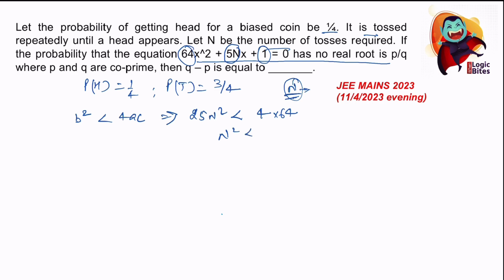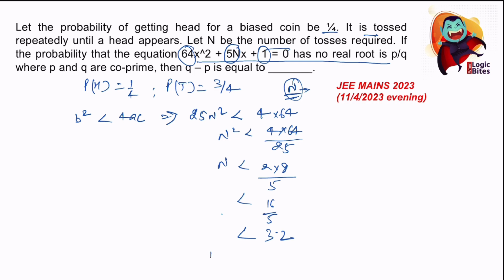So n square is less than 4 into 64 divided by 25. That is n, we can take the square root on the other side. So it will be 2 into 8 divided by 5, so it will be less than 16 divided by 5, so less than 3.2. So that means because n is our number of tosses, it is only an integer number.